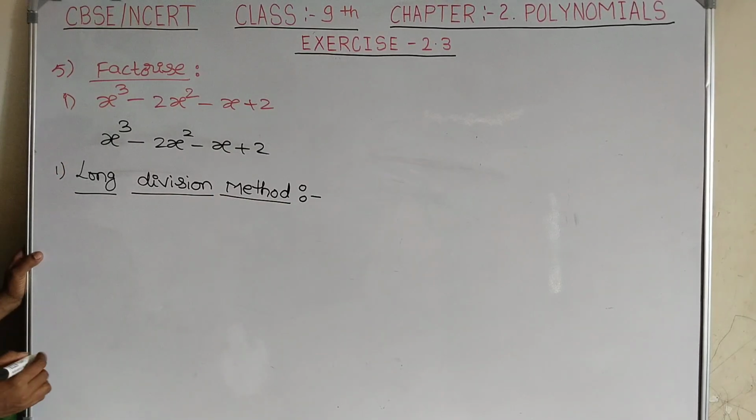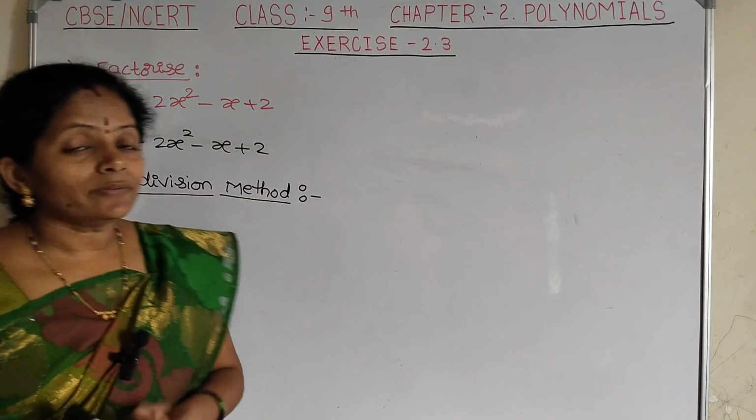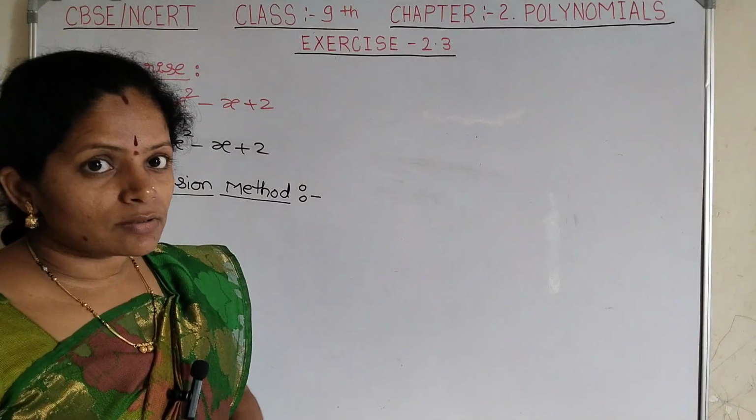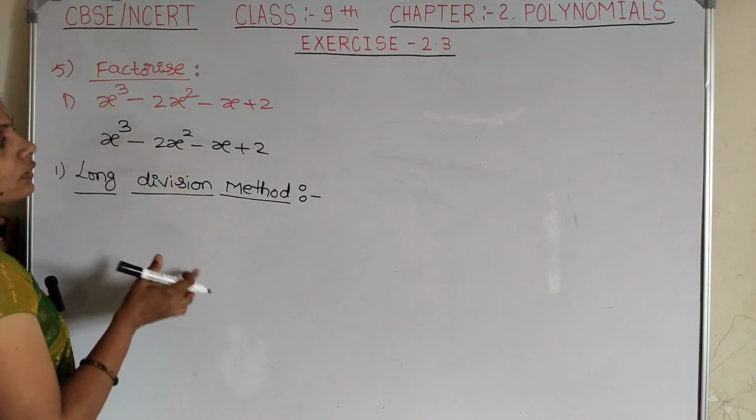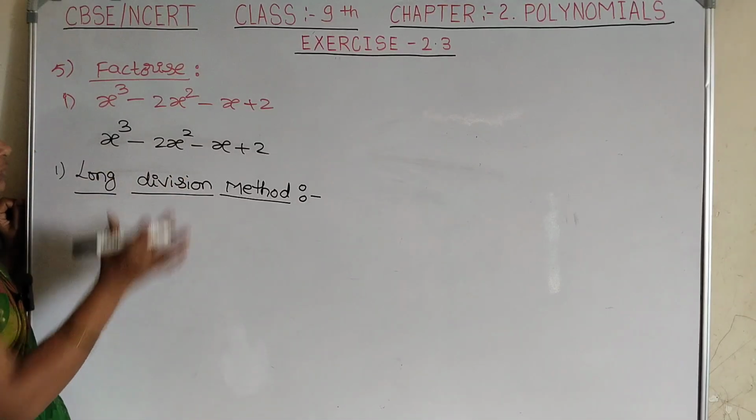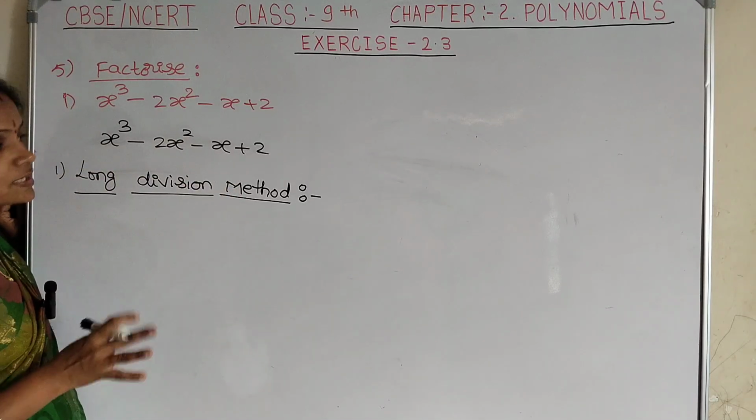In this long division method, we have to do an analysis here. How can we analyze? By finding by substituting which value this polynomial becomes 0.